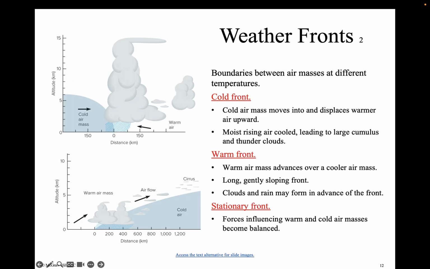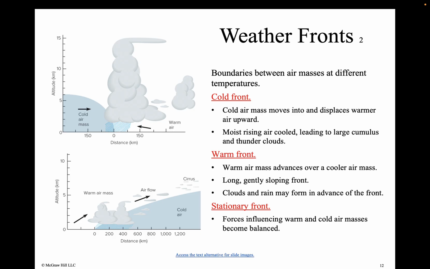As for the weather fronts, a front is the boundary between two different air masses, okay? So here you have a cold air mass and a warm air mass, and the boundary between them is what we call a front, okay? When those air masses meet, they usually don't mix very easily because they are different in temperature and density.